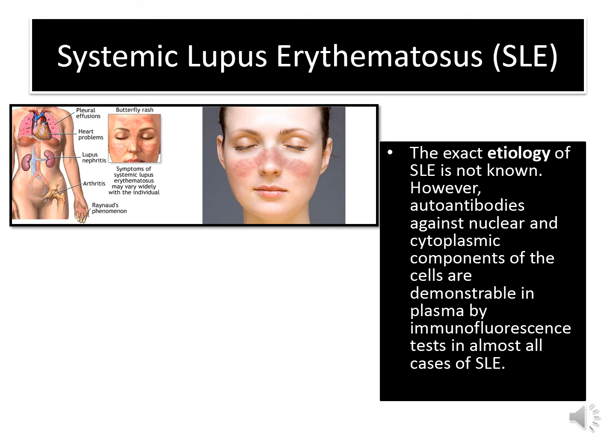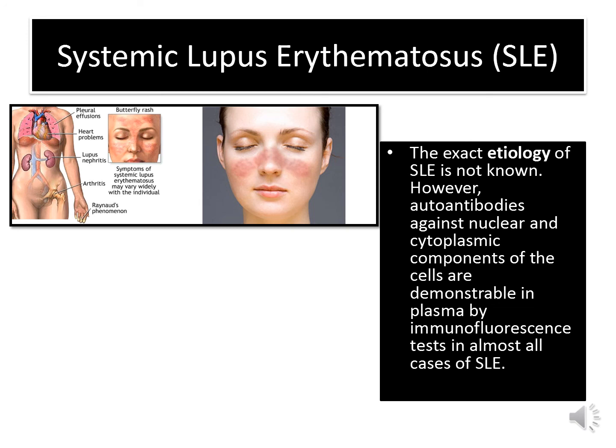So we see here the example of systemic lupus erythematosus. The exact etiology is not known, but autoantibodies against nuclear and cytoplasmic components of the cells are demonstrable in plasma by immunofluorescence test, in almost all cases of such pathology.